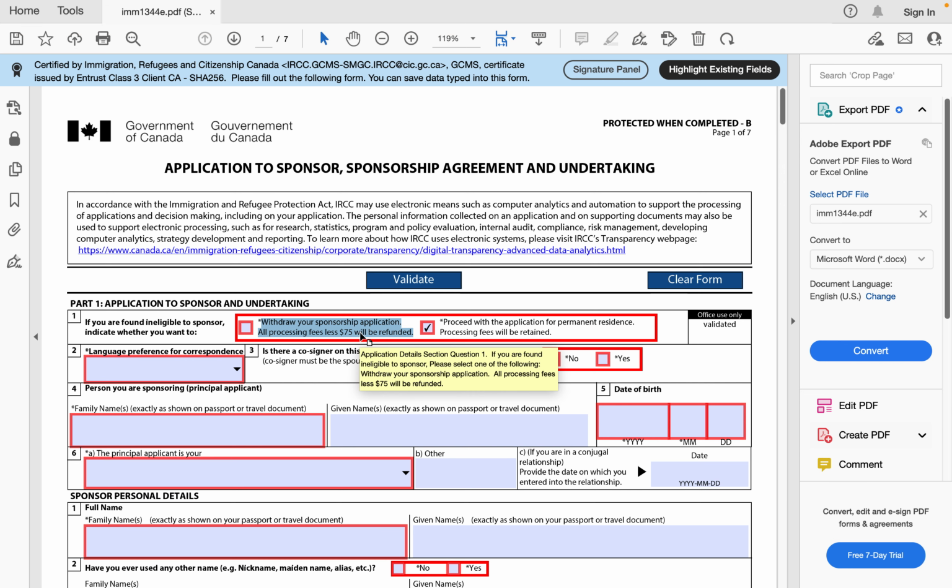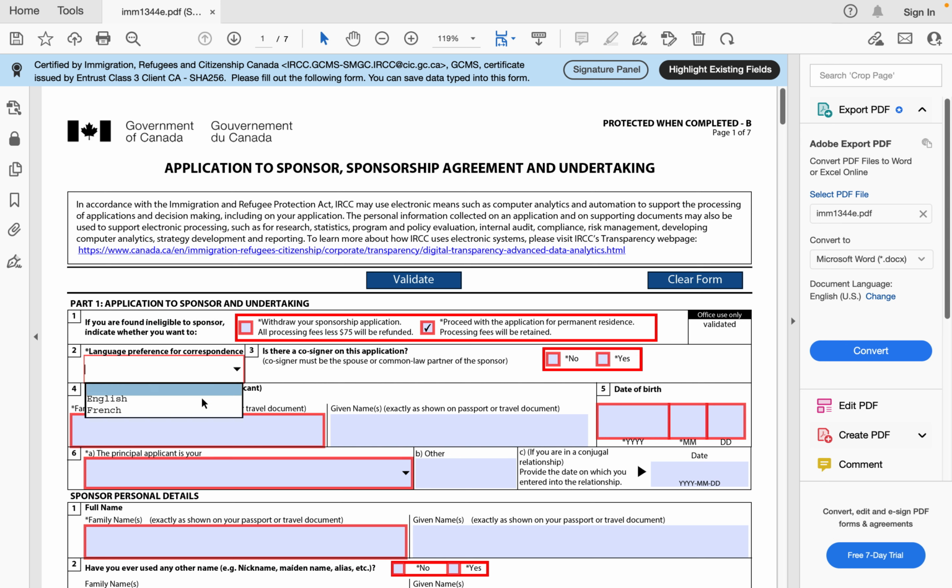So I guess confidence is something that will determine which option you pick. In my case, since I provided everything clearly and concisely and in detail, I went ahead and clicked the one where they would proceed with the application. Also, I was pretty confident that my sponsor would not be found ineligible.